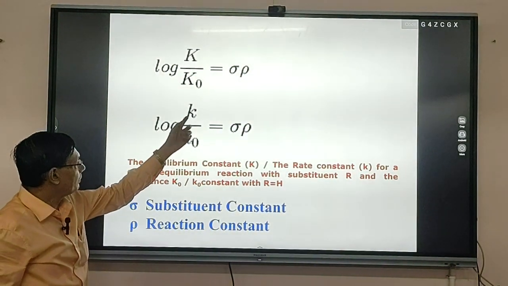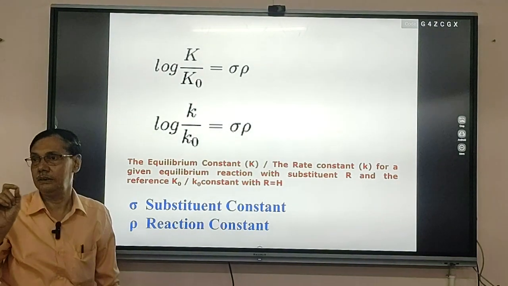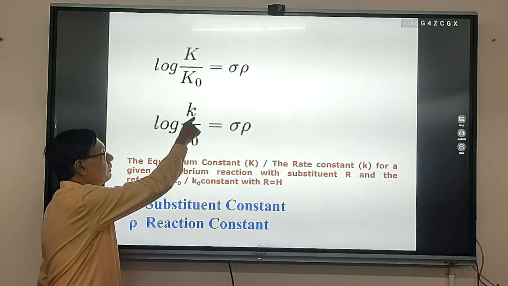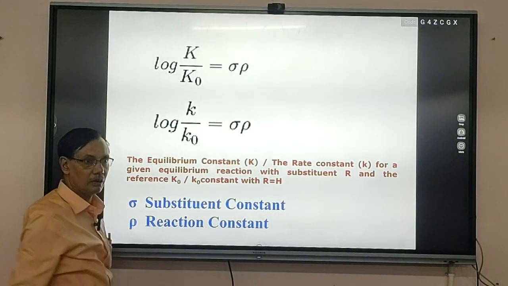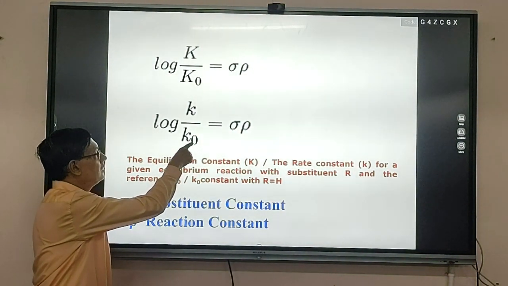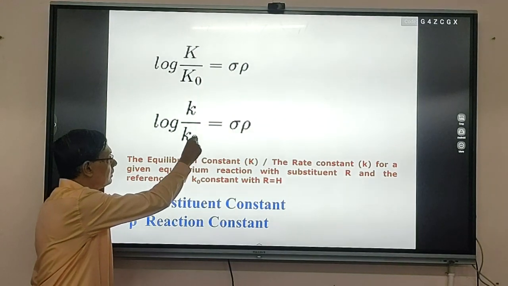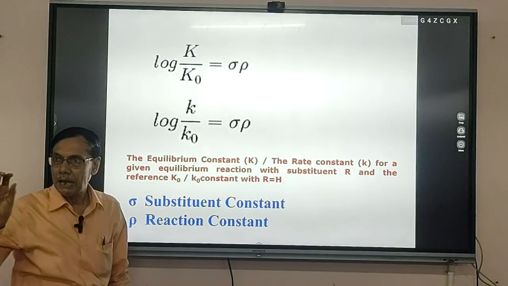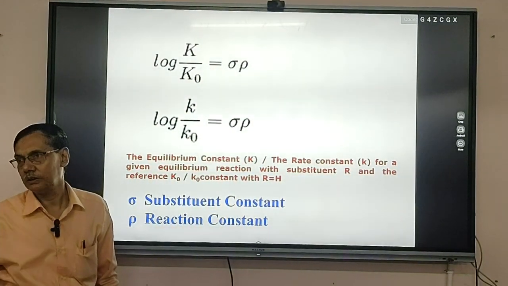Similarly, log of k means the rate constant of the substituted compound, and k0 is the rate constant for the parent or unsubstituted compound.